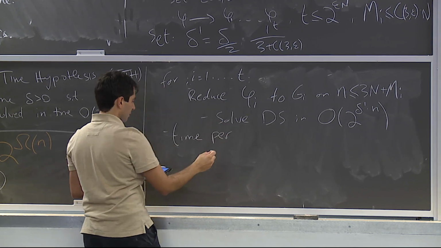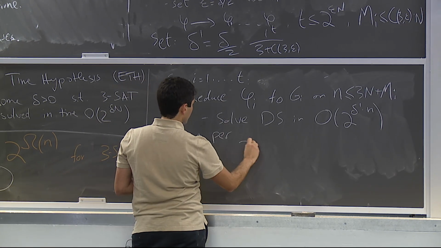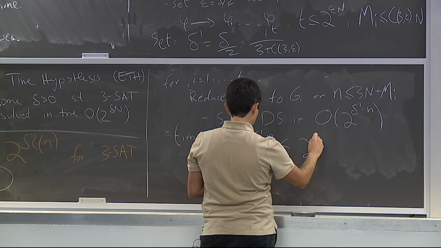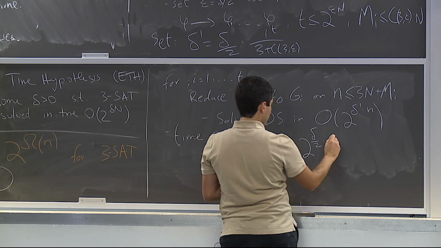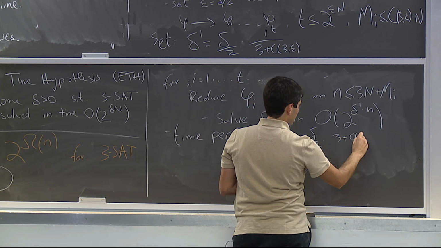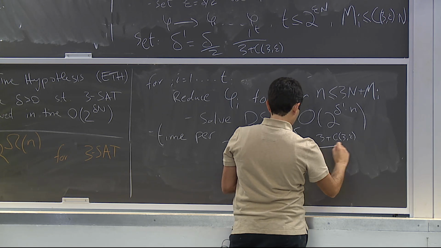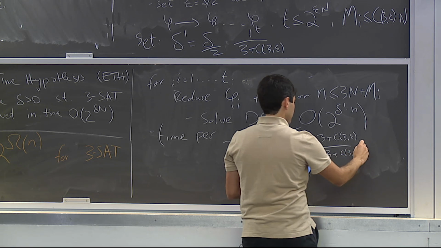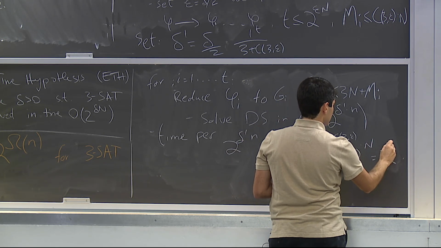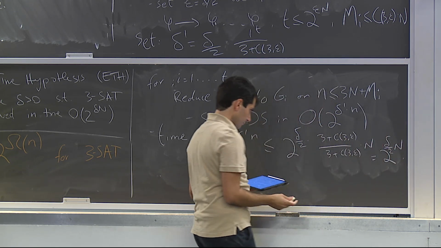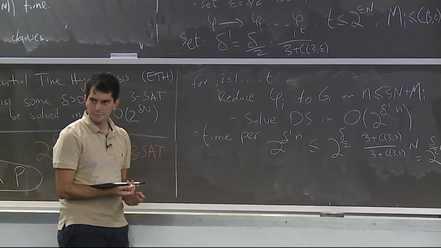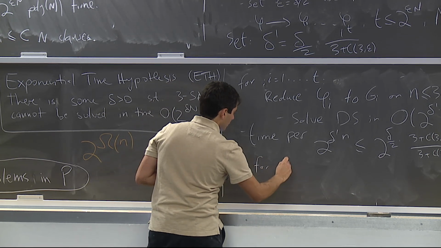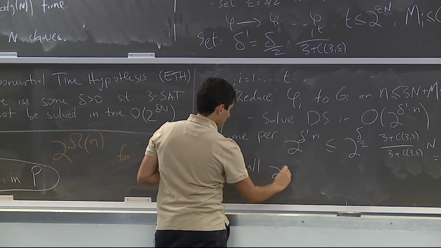So for each i, the time we spend is 2 to the delta prime times n. Then for all of them, 2 to the delta over 2.